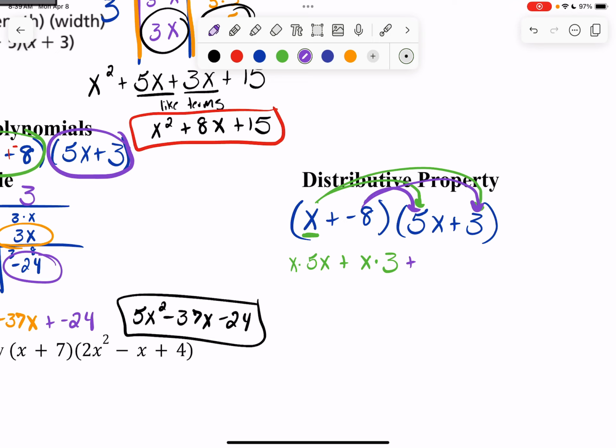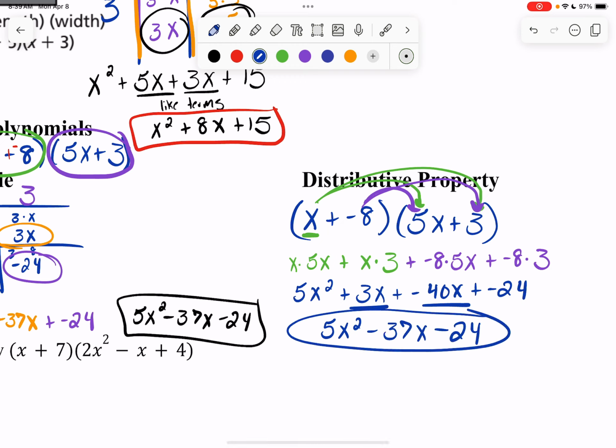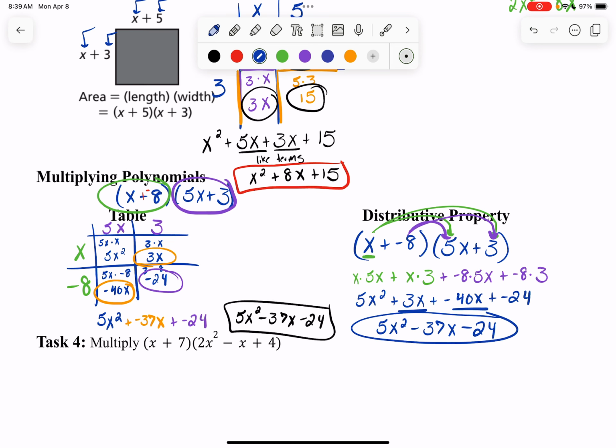Plus, now it's always addition if you rewrote your negatives right. Negative 8 times 5x plus negative 8 times 3. So now x times 5x is 5x to the second, plus 3x, plus a negative 40x, plus a negative 24. Now if you put together my like terms, those are both x's. I can add them: 5x to the second, negative 37x, minus 24. I get the same result, but I didn't have to write the table.